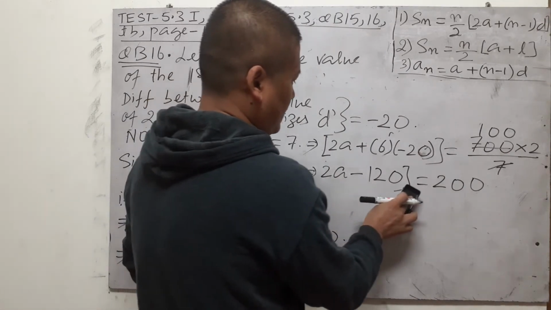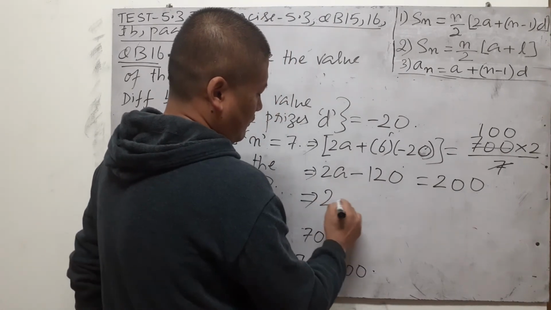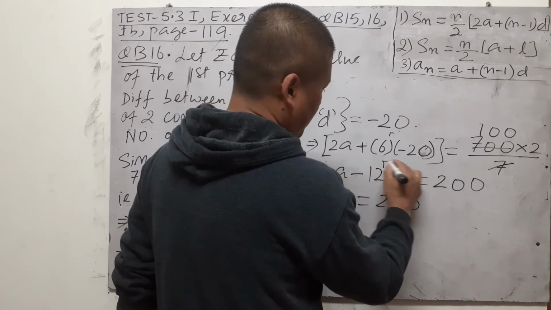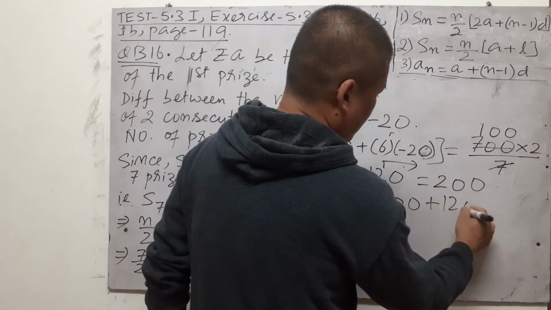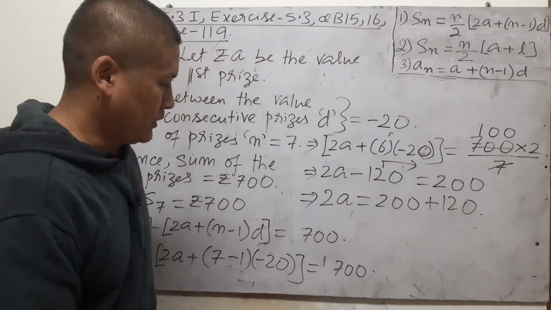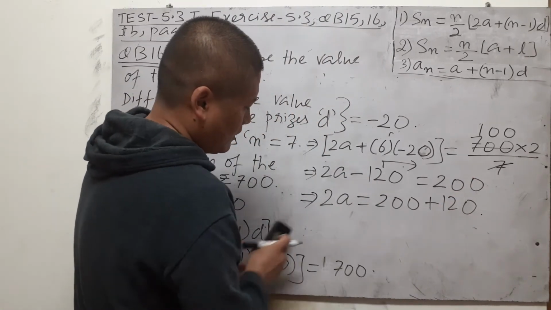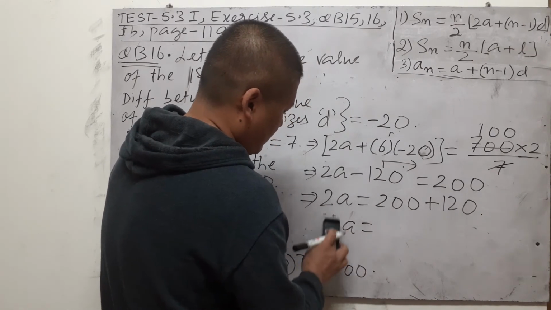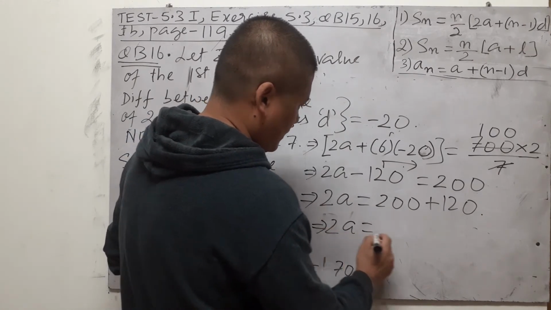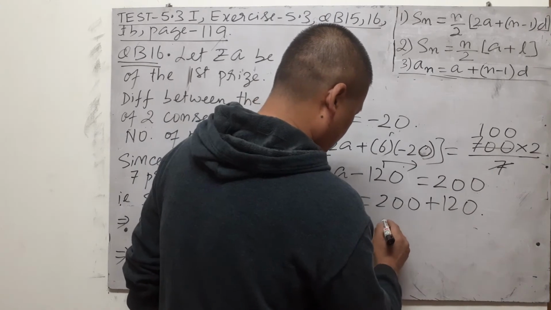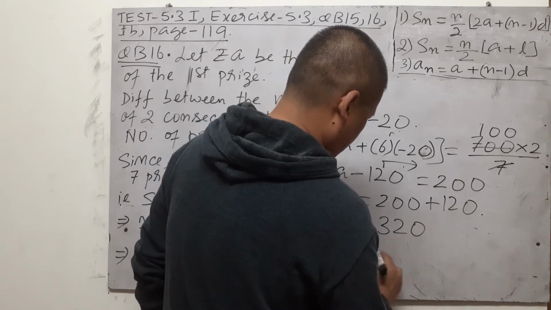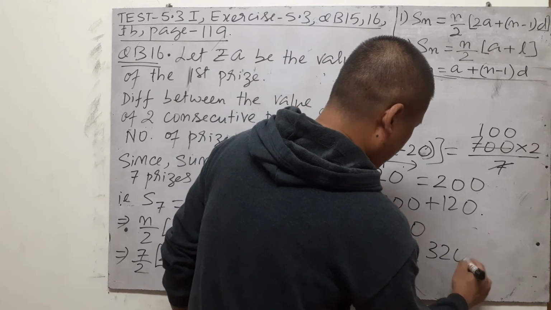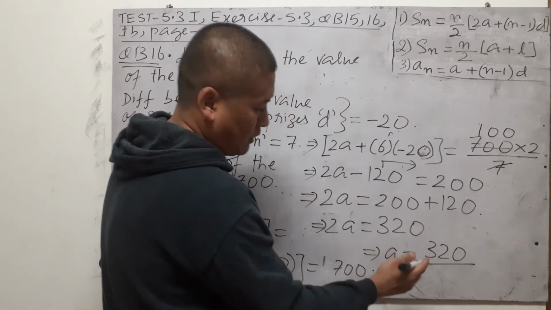We want to find the first prize value a, so minus 120 shifts to the right side as plus 120. Then 2a is 200 plus 120, which is 320.